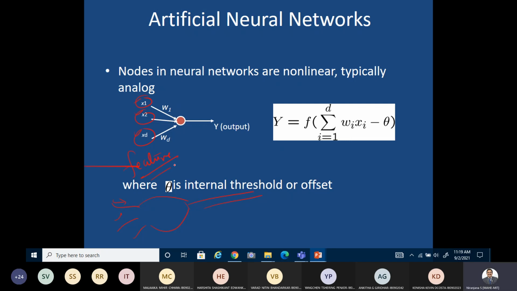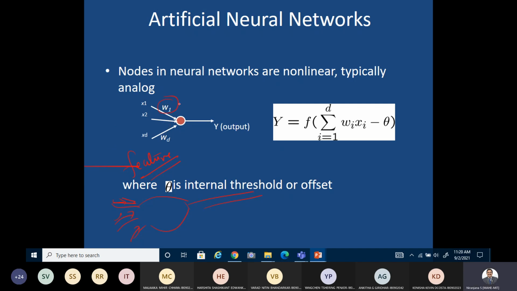Try to acquire the features. Those features will be suitably weighted. So there is a strength. The strength of the signal arriving at each dendrite may be different, right? Similarly, the input arriving at a node for processing may also be a weighted input. There will be a parameter called weight here.